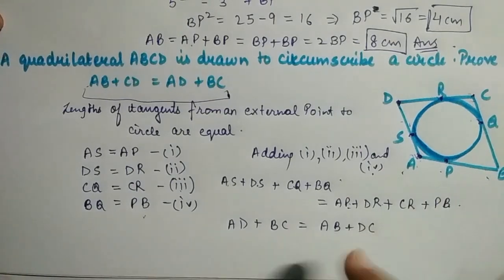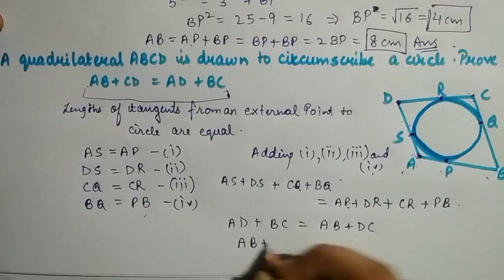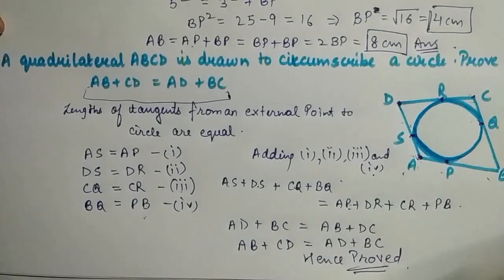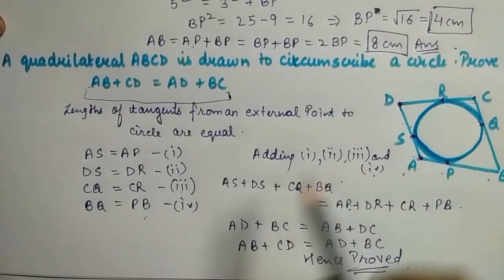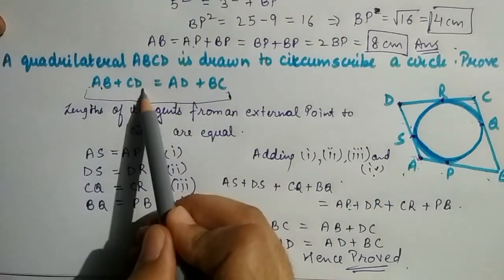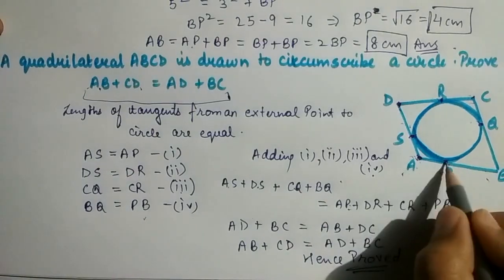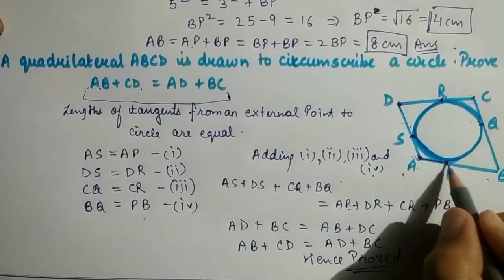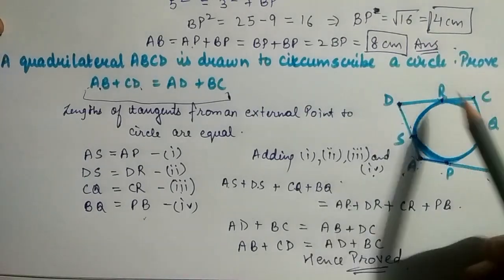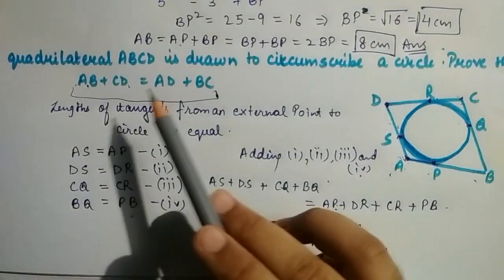So you can interchange the sides. You can write it as AB plus CD is equal to AD plus BC. You have to remember that you have to keep the sides that you need to prove on one side. Means you want AB and CD on one side. So AP and BP are parts of AB, and similarly CR and DR are parts of CD.